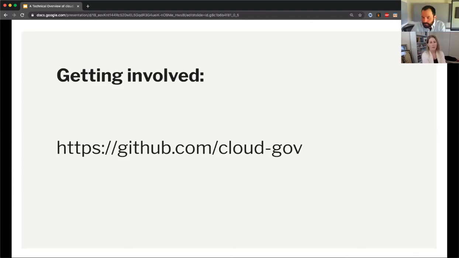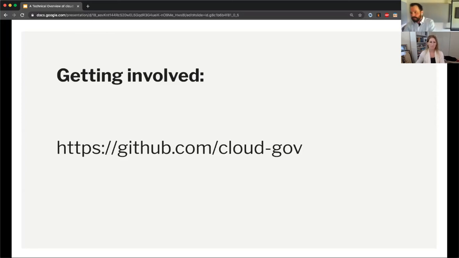If I can just jump in real quickly, I realize I didn't answer the second half of the first question, about services that are coming. Be on the lookout. We will be having the Elasticsearch and Redis brokers coming in the next couple of months. They're in beta. They do need to go through the proper compliance and security reviews, but hopefully sometime in September, we will be getting those brokers out into production.